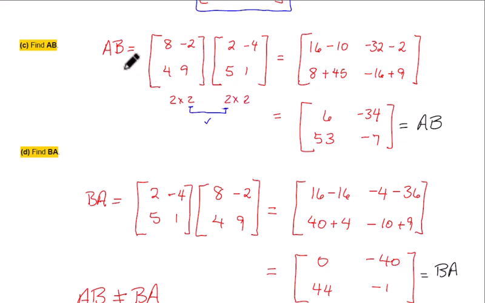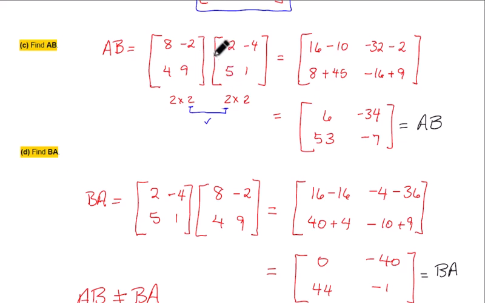So how do you multiply? Well, you take the rows of your first multiplied by the columns of your second. So I've got 8 times 2 is 16. Now I'm going to add minus 2 times 5.